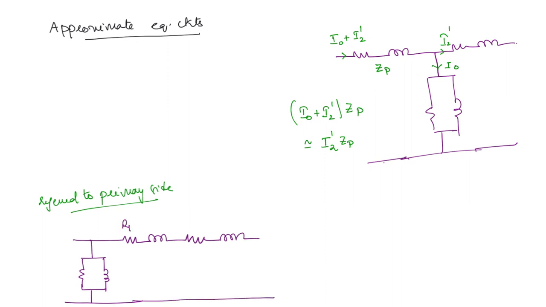This is R1, this is X1, R2 dash, X2 dash, and this is going to be RC, XM. What about the voltages? This is going to be V1, this current is going to be I1, but this current is going to be I2 dash, and this is V2 dash.